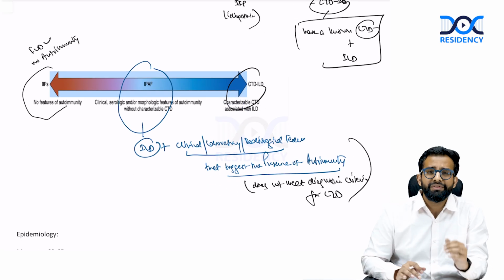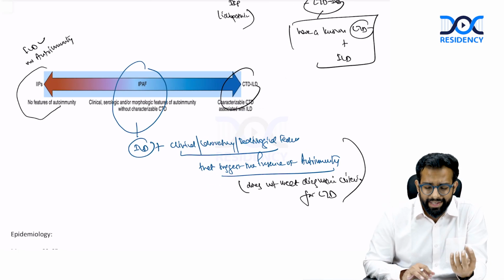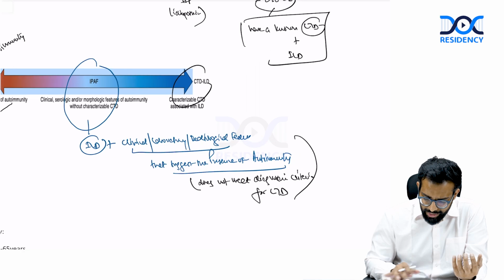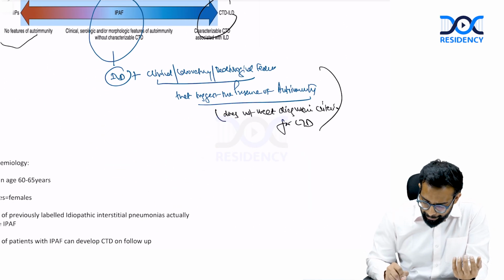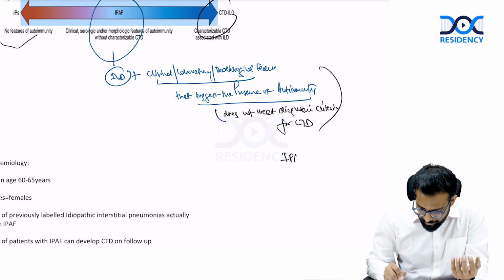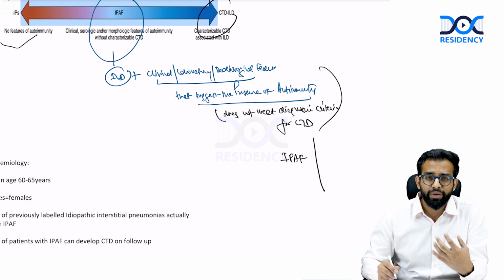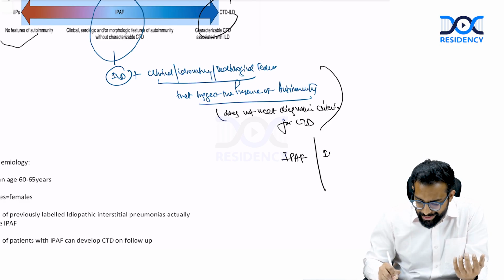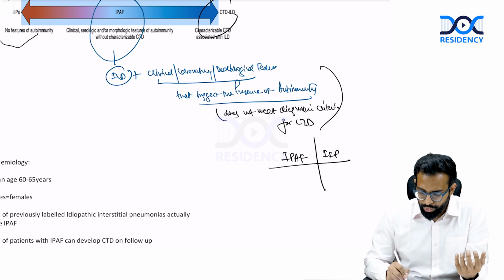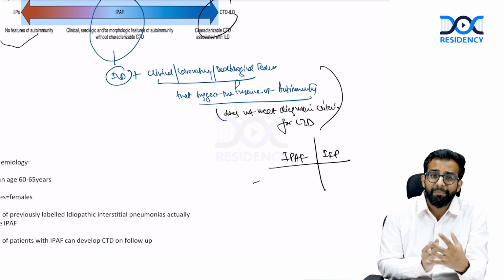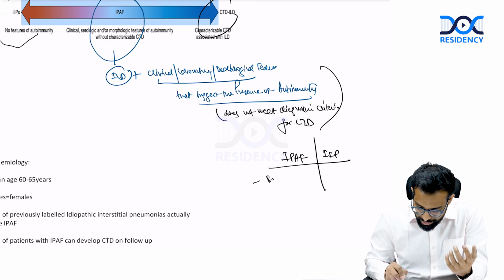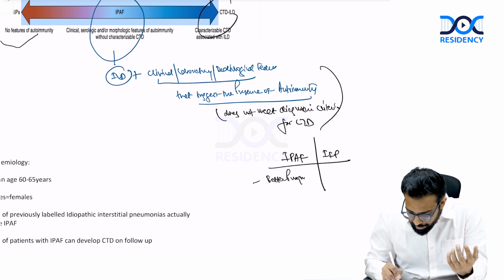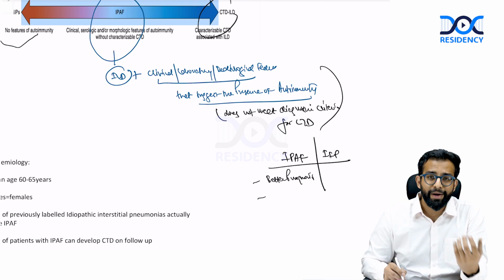What is the importance of this category, and why has it been established over the last few years? The reason is, if we compare IPAF to patients with idiopathic interstitial pneumonias, patients with IPAF actually have a better prognosis, and they also respond better to treatment.